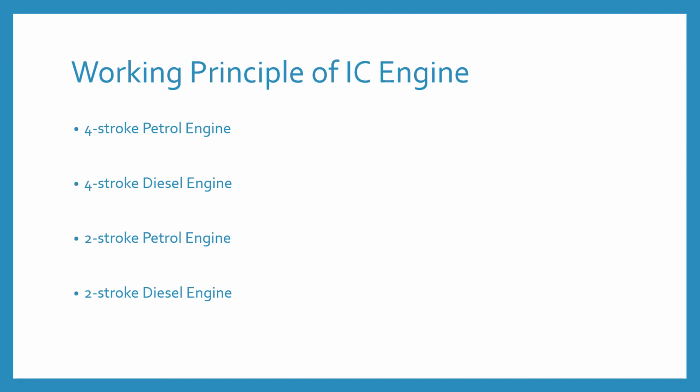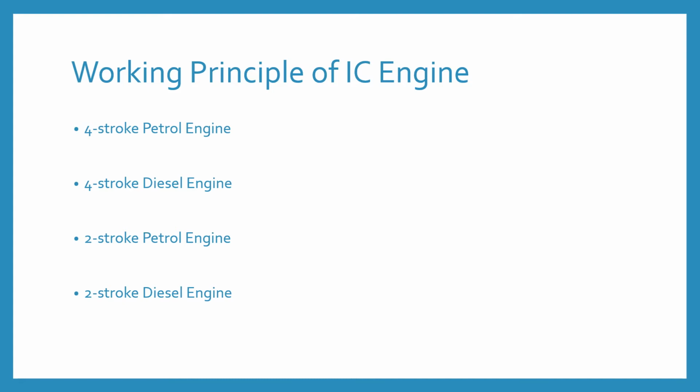In the last class we discussed the working principle of the IC engine, or internal combustion engine. There are 4 types of IC engines: 4-stroke petrol engine, 4-stroke diesel engine, 2-stroke petrol engine and 2-stroke diesel engine.